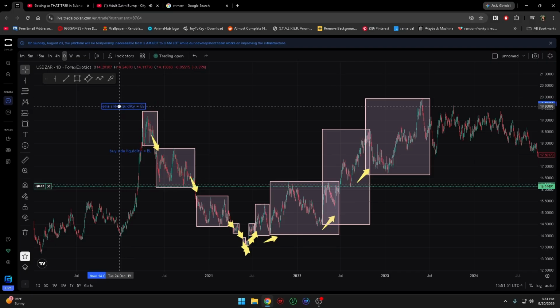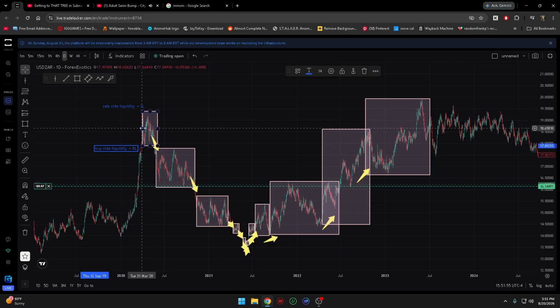Now, if you don't understand why, right? If you're buying, you're looking for price to go upward. If you're selling, you're looking for price to go downward. So if I place a trade, right, and I'm looking for it to go downward, my sell stop will be above where I want price to go downward.